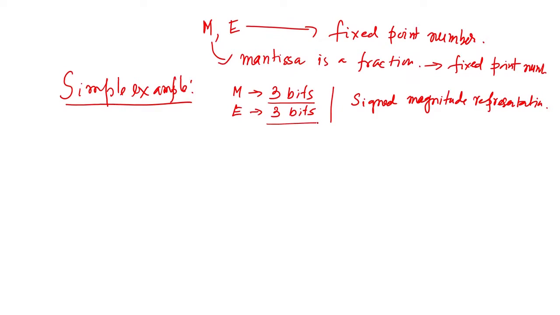So out of the 3 bits, 1 bit of the mantissa will be reserved for sign, and the exponent can also be positive and negative, so 1 bit of the exponent will also be reserved for sign. Then this will have 2 bits and this will have 2 bits.